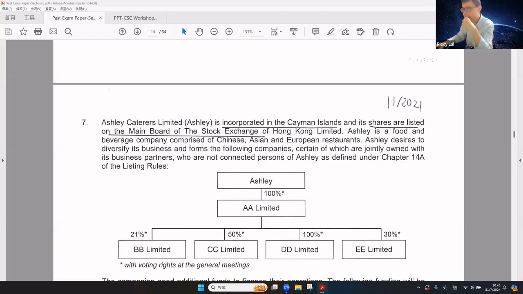The company is a Cayman Islands company, and the shares are listed on the stock exchange. The company is a food and battery company in China, Asia, and Europe as well. The company decided to diversify its business and form new companies, certain of which are jointly owned with business partners who are not connected persons under Chapter 14A.